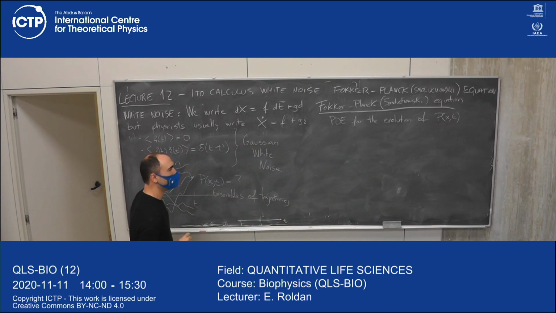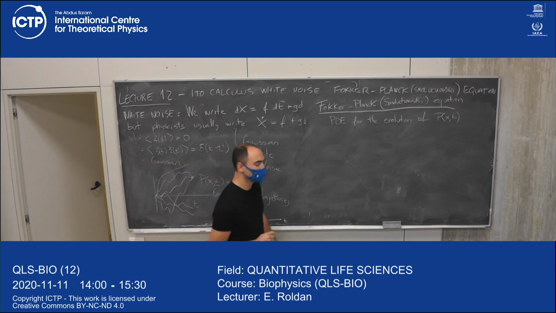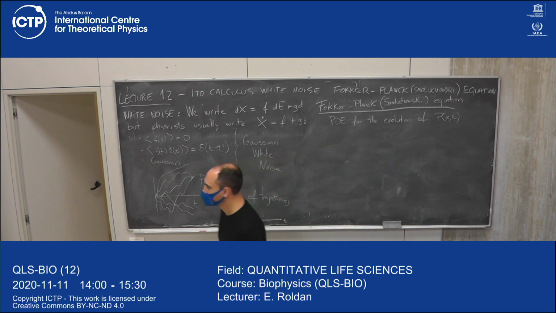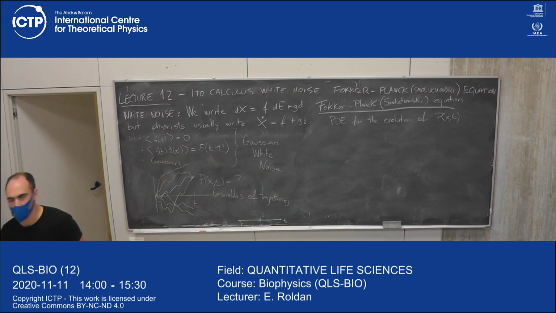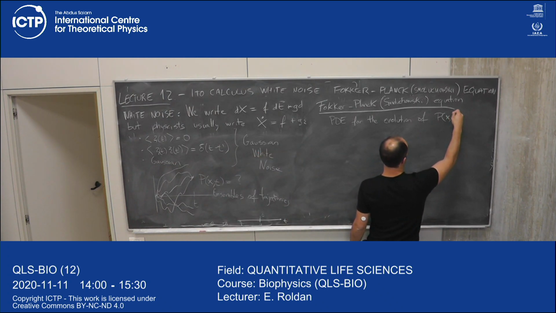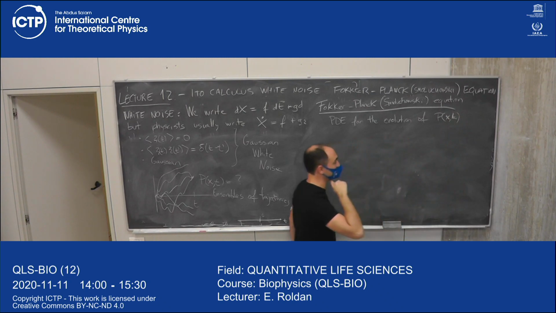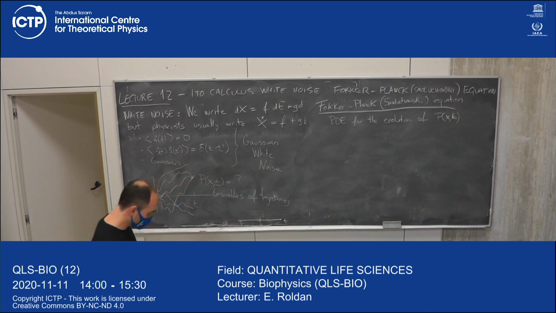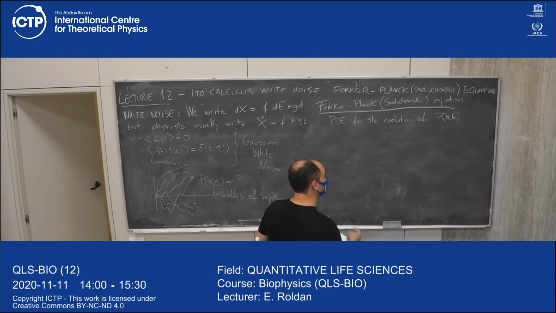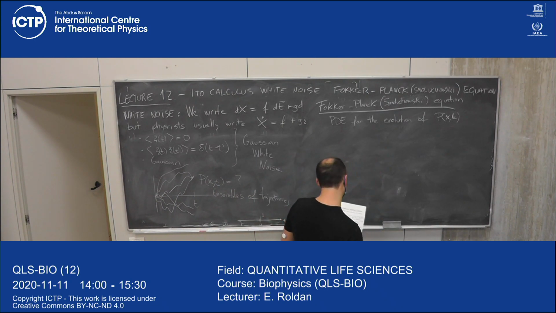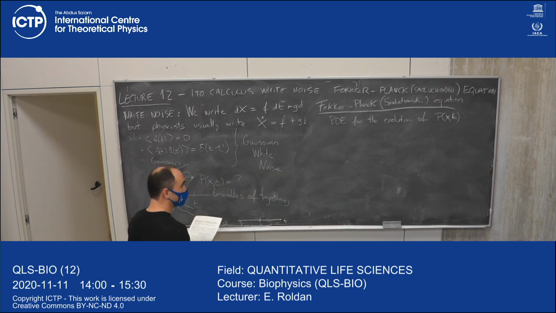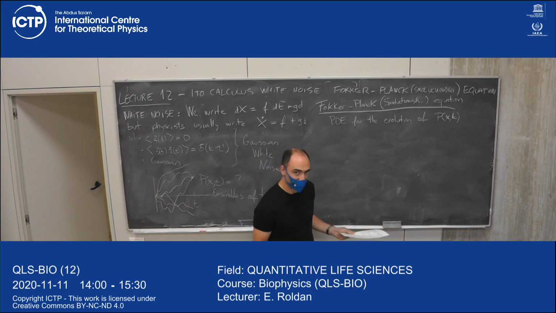Why is it a partial differential equation? Can any of you think about it? Well, it should be obvious because there is x and t, so there are two variables. It's not an ordinary differential equation; it's a partial differential equation. And it is useful to get, of course, stationary quantities, moments like the average, the variance, etc. But it doesn't mean that this gives you all the information of a trajectory.